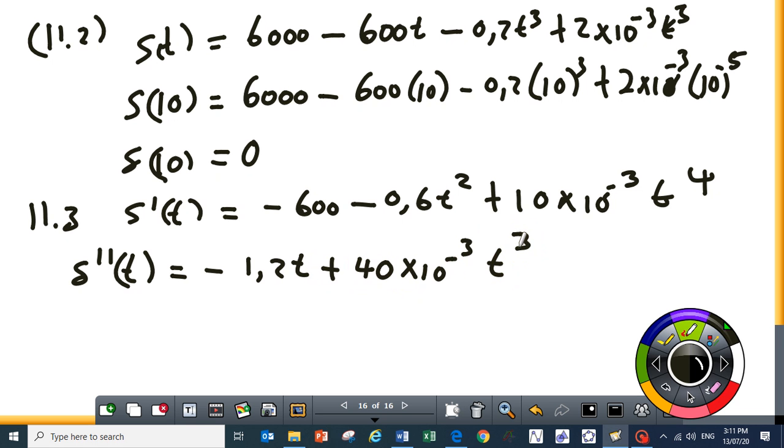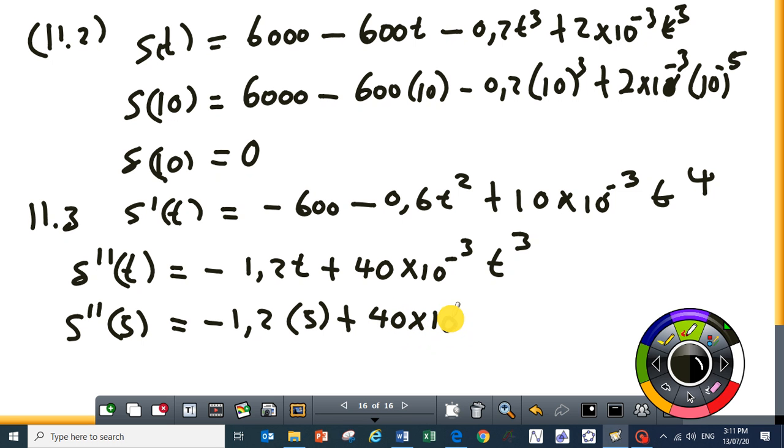Then you substitute the value of the time. So you get minus 1.2 times 5 plus 40 times 10 to the power of minus 3 times 5 cubed.